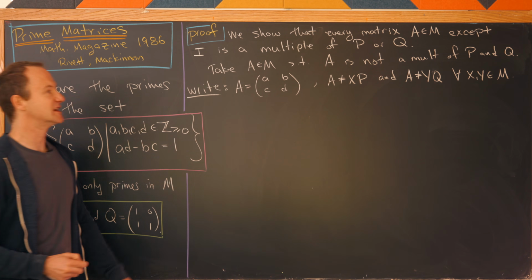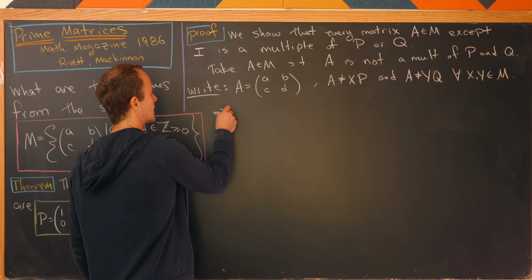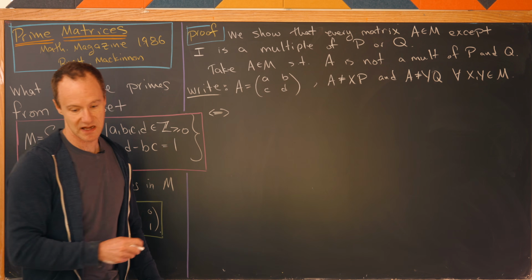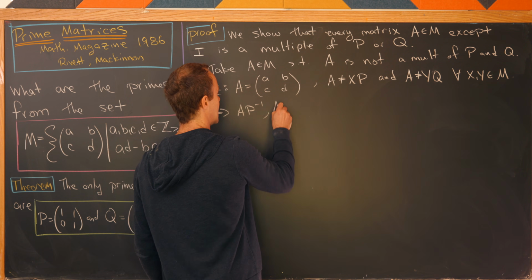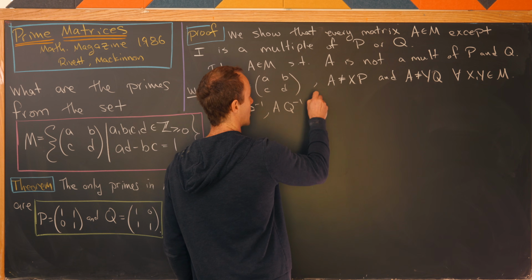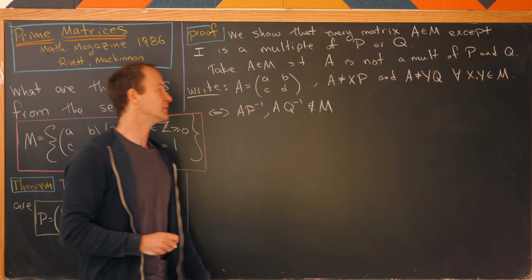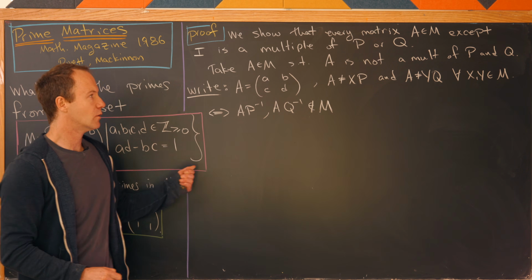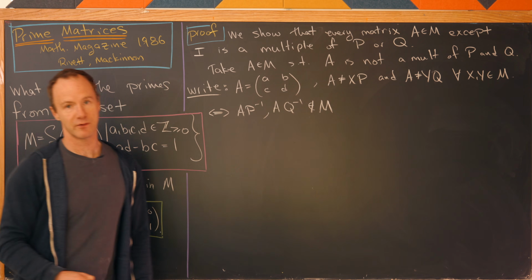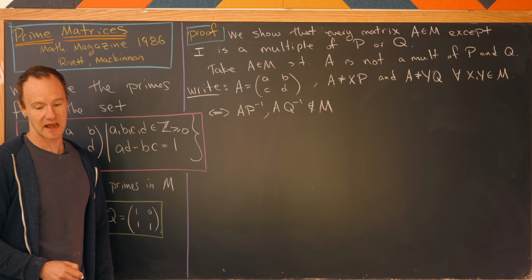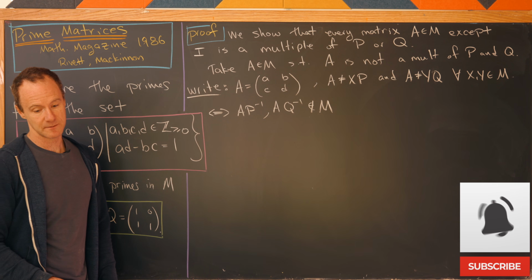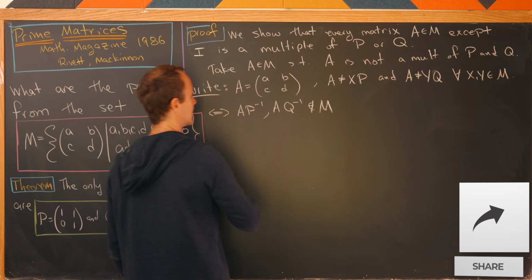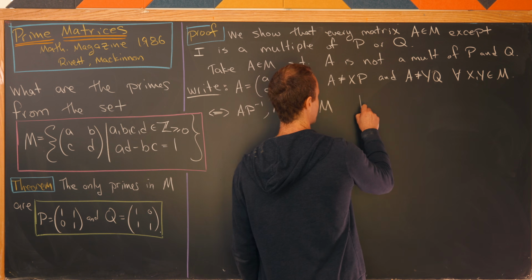Well, let's notice that this statement right here is equivalent to the following statement. We have A P inverse and A Q inverse are not elements of M. Because if they were, well, then we could solve this equation and we would have an equality there. Okay, good. So, we can calculate P inverse and Q inverse fairly easily.